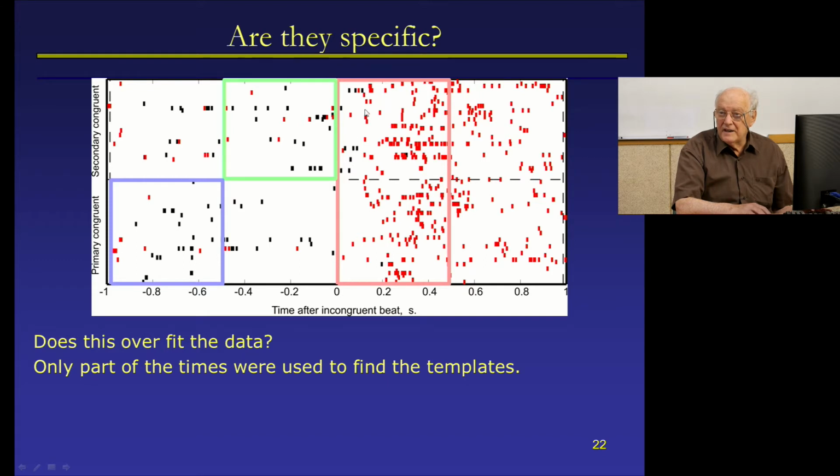Also note that the red ticks start mostly 100 milliseconds after the change of the meter. For the congruent bit, we used either data from this blue rectangle or from this green rectangle, but we find excess of fits also in other times. So clearly we don't have really bad overfitting of the data.